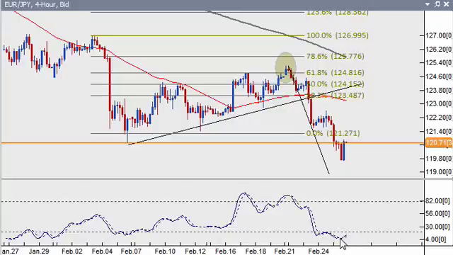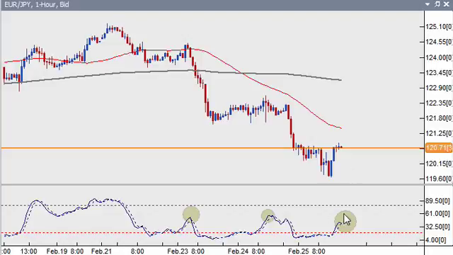Stochastic made a new low, and in the 1-hour time frame we see that the stochastic is crossing over again to the bearish side. So in the Asian session, if there is a bearish signal, then go with a swing down to the 119 area and possibly even further. We'll reassess tomorrow after further price action.